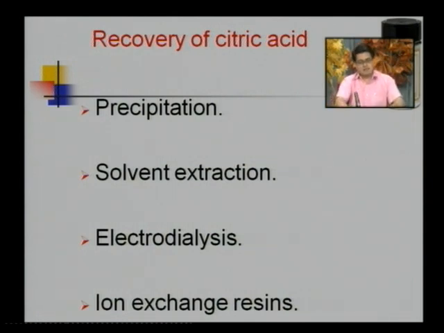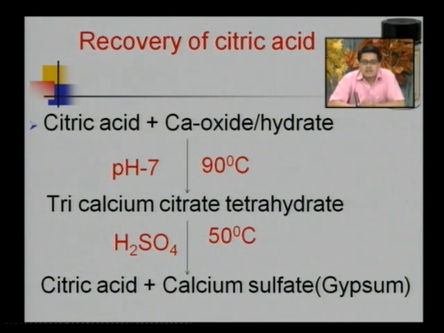The first method, the classical method, is the precipitation method. In the precipitation method, the citric acid is precipitated from the fermentation broth with the help of lime, that is calcium oxide or calcium hydroxide, commonly known as milk of lime. When this milk of lime is added to the fermentation broth, it forms tricalcium citrate tetrahydrate.